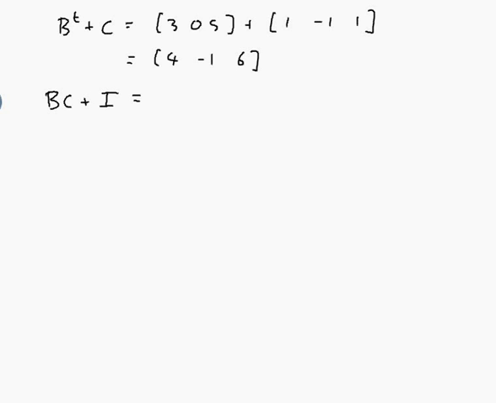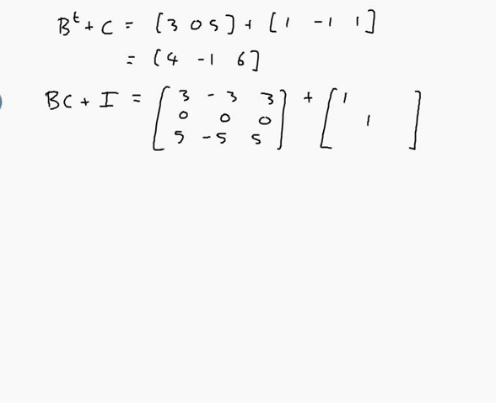BC plus I. Now, BC from the previous page was this. And I, now the identity matrix, it was a 3 by 3 identity, and the identity matrix has 1s on the diagonal and 0s everywhere else. So when I add them, I add the matching entries.